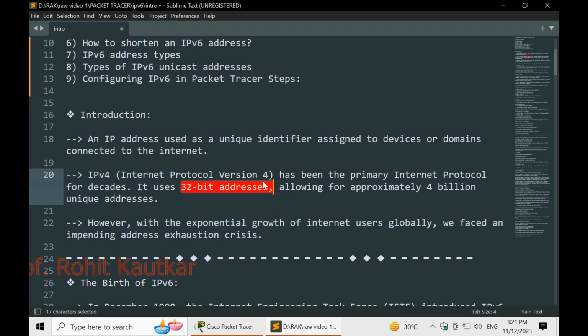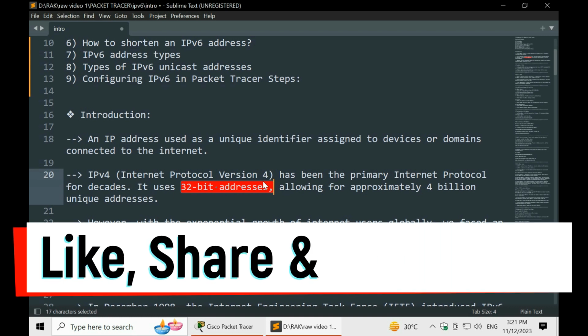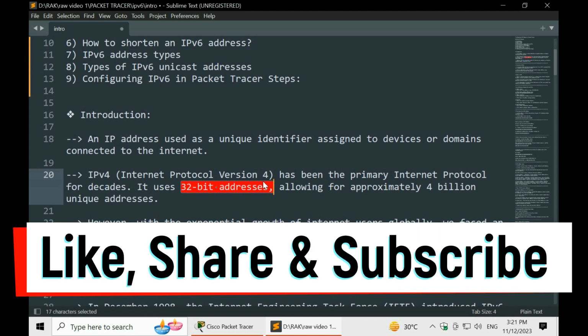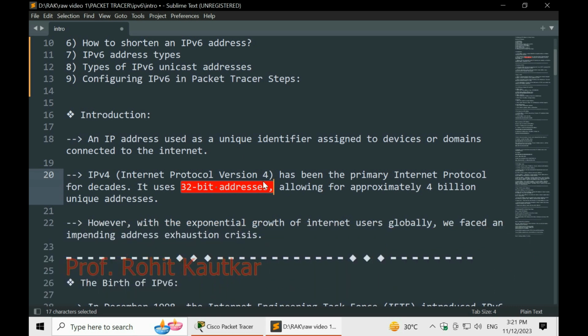So friends, nowadays we have observed a rapid growth of the internet, due to which a lot of new devices are getting connected to the internet, and that's why we require a lot of new IP addresses, because of which this 4 billion address space is getting exhausted. This is the basic crisis we are observing with IPv4.